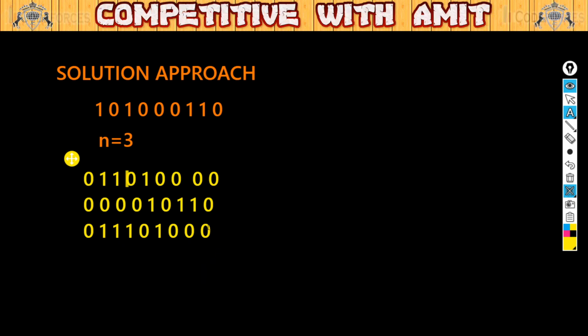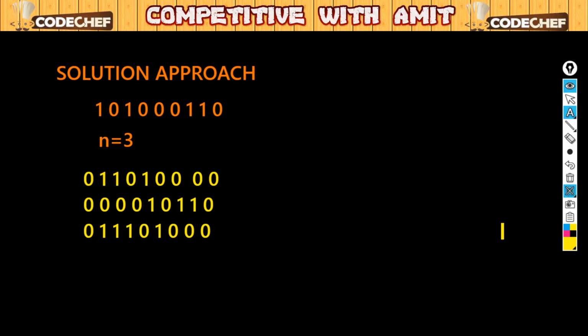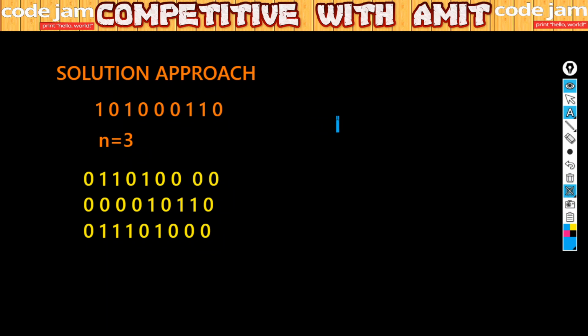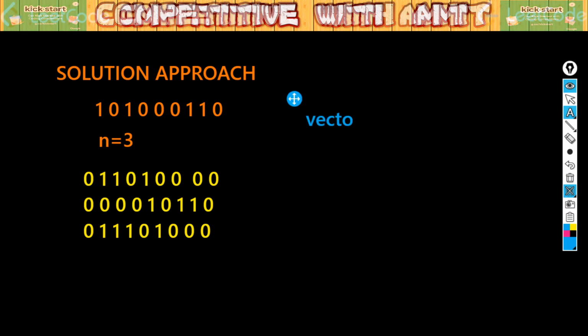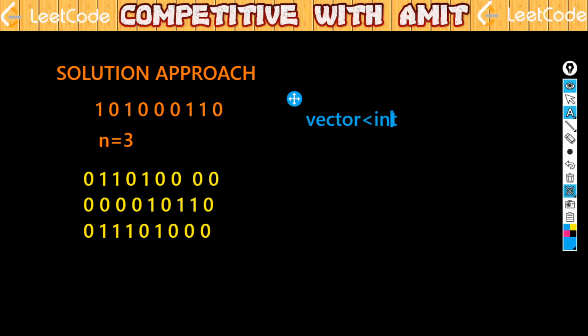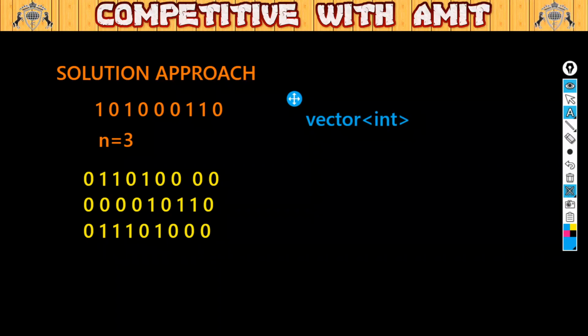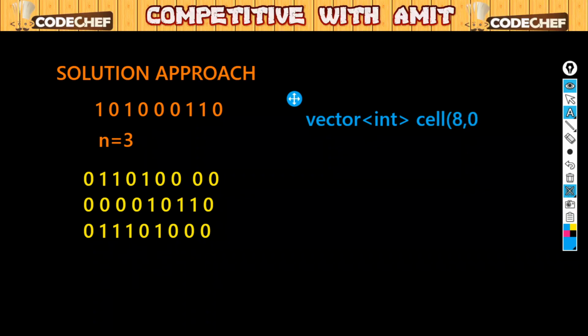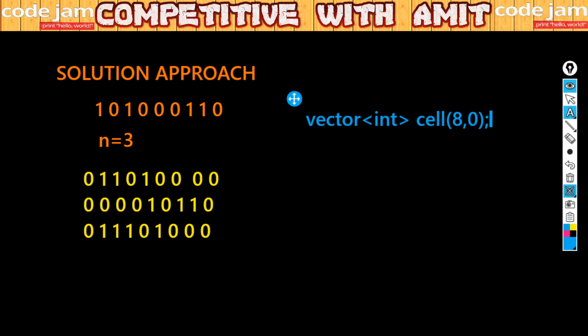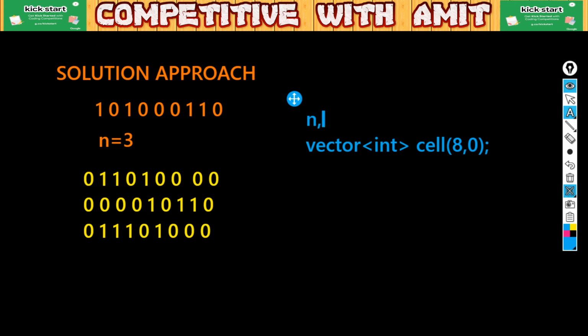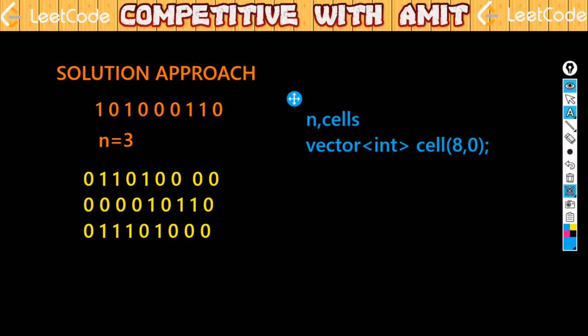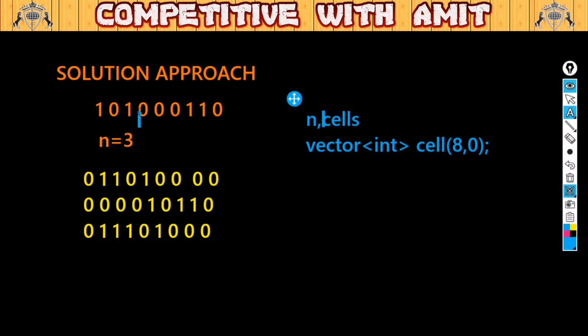So first of all, we will try to implement brute force. For implementing, I'll write the code here only. First, I'll initialize a vector of int called cell, which will store the cells, and I'll initialize all its values by 0. Initially I'll get two things, n and cells, in which n will be 3 and cells will be this.